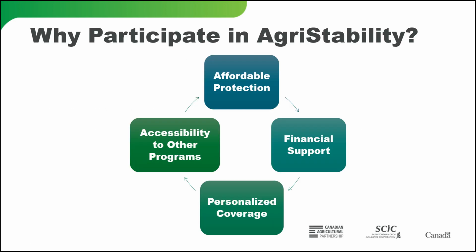So just to touch on why participate in AgriStability. AgriStability does provide affordable protection for the whole farming operation. The program fee is cost effective, and any payments that you receive through the AgriStability program do not affect your future fees to participate. And those fees are based on your reference margin.